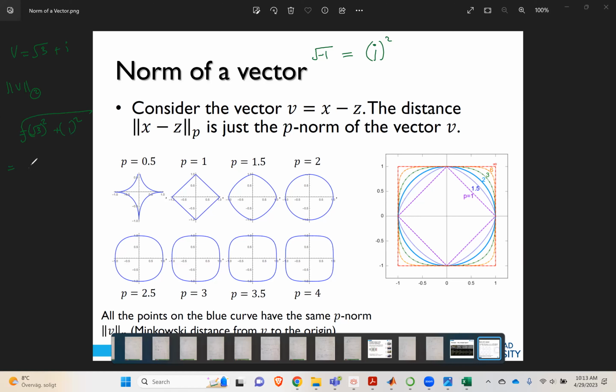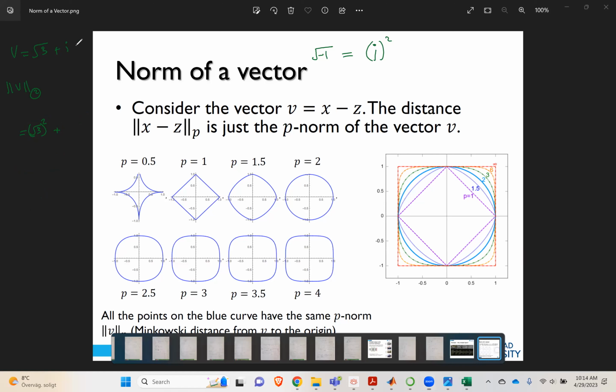So this becomes 3, and plus what happened to this part? Minus 1. So we get 2. I'm right? Yes. No, guys, I made a small mistake. I will explain.